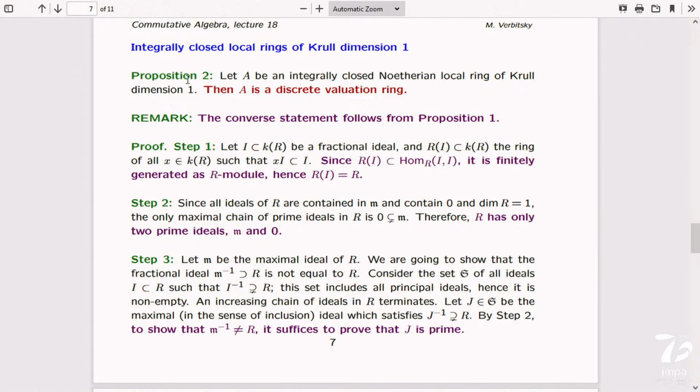Okay, so I'm going to prove this proposition 2, and in fact the converse is already proven. It's proposition 1. So we needed only one direction. Okay, so the first step, step 1, is the only step where we use that it is integrally closed.